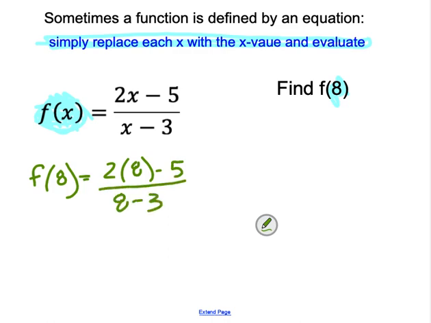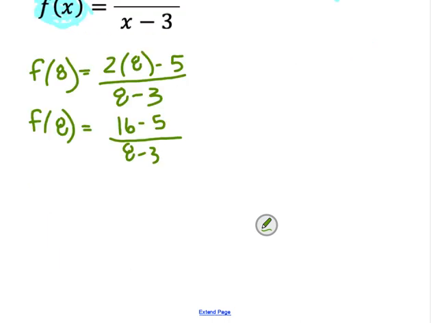Then all there is to do is simplify that right-hand side. All right, well, PEMDAS, 2 times 8 is 16. Now if I just clean that up a little bit more, 16 minus 5 is 11, 8 minus 3 is 5. So that tells me that f of 8 equals 11/5.